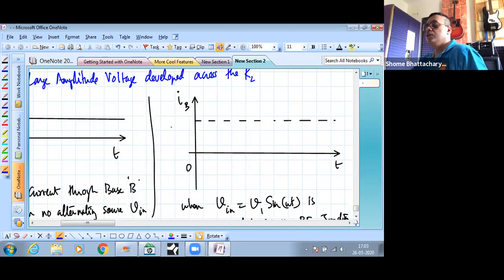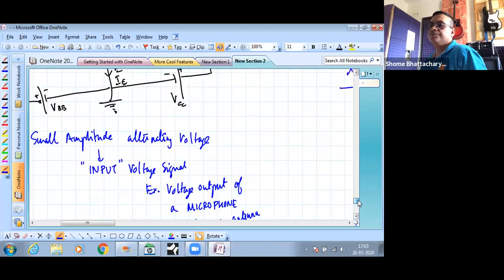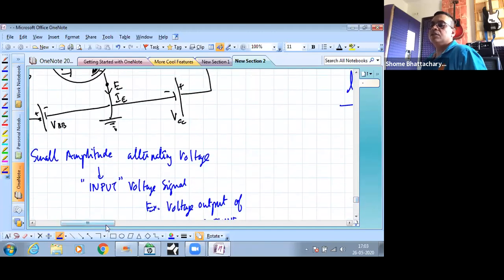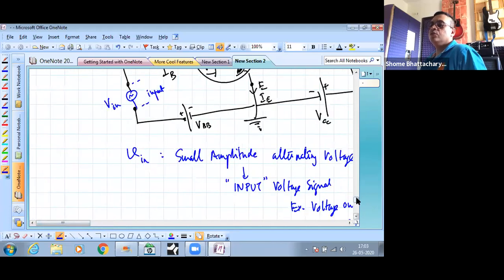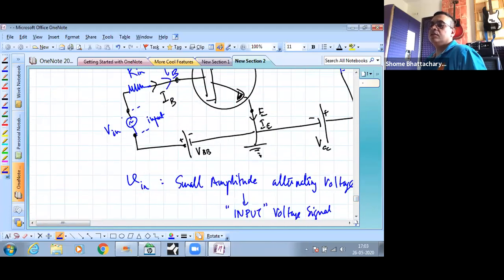So the net voltage across the base emitter junction is fluctuating. It's not going between minus and plus. Understand this? Across the base emitter junction, the biasing is not changing, because even though its polarity is alternating between plus minus and minus plus, its amplitude is very small compared to this voltage. So always this guy is dominating. So it's always in forward bias.